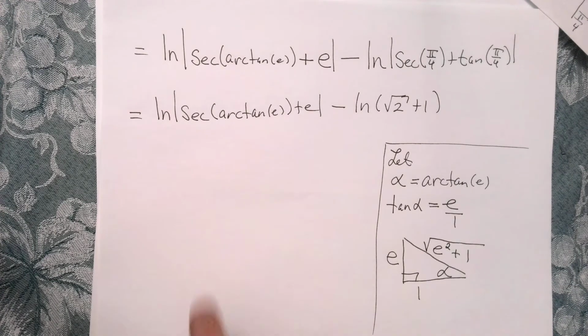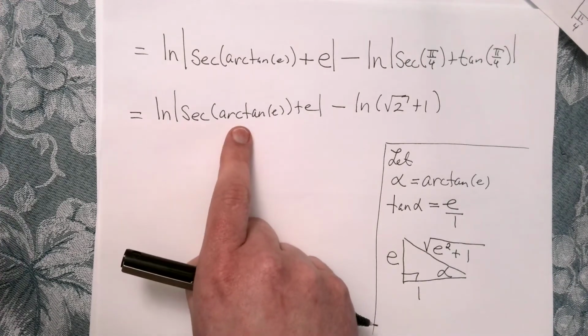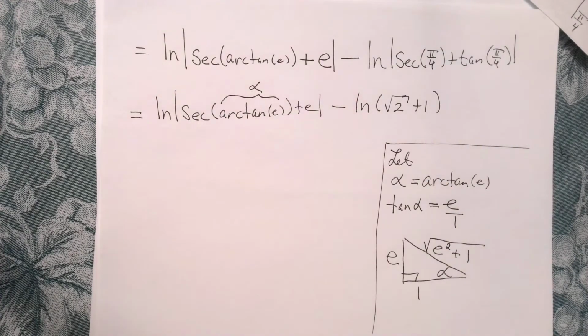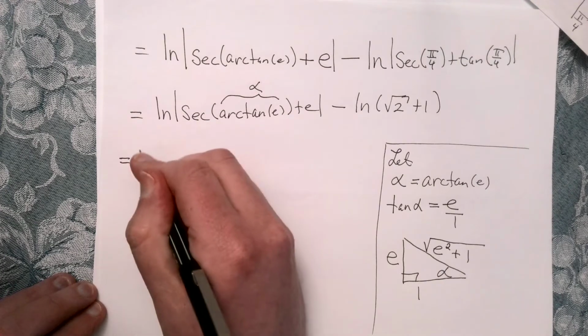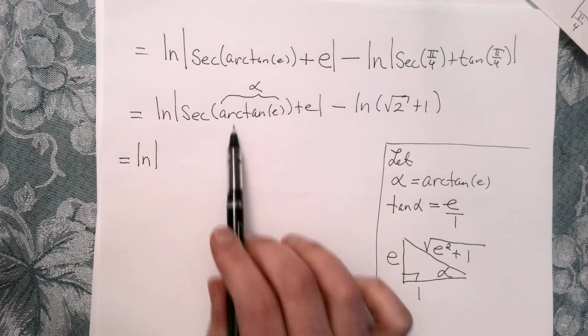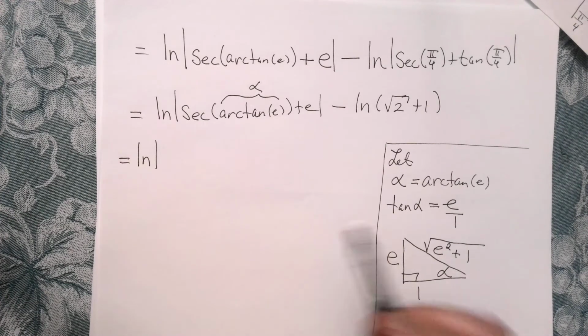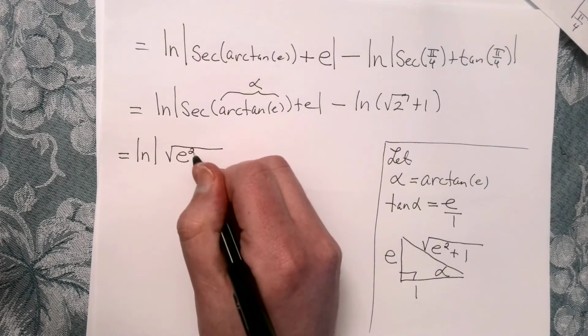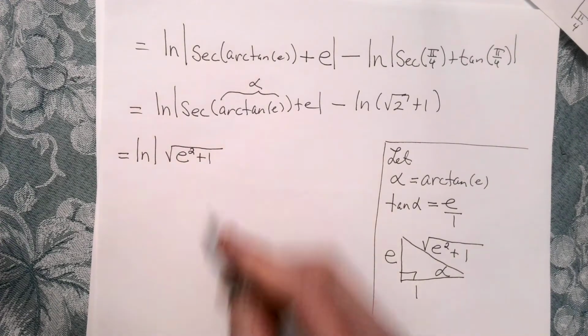And that's really good because now we're in a position to take the secant of alpha, right? We said this was alpha. So if we do that, we get the following. So secant, that's just the flip of cosine. So the secant of alpha would be hypotenuse over adjacent. So that's nice.